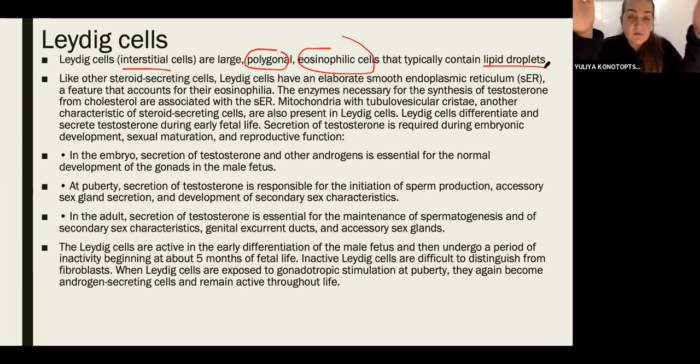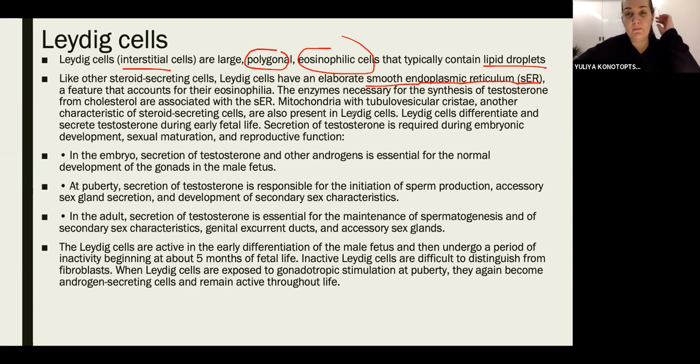It's a steroid, and steroid has a cholesterol ring, right? So it has a cholesterol ring, so I need lipids. Because they have lots of lipid droplets, you will see that they also have lots and lots of smooth endoplasmic reticulum organelles. So as you remember from Histo 1, smooth endoplasmic reticulum is the area where we make and store lipids. Okay, so that's the area where we make and store lipids.